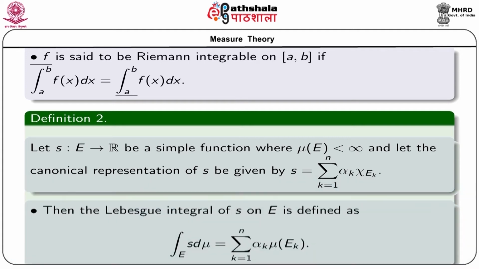Then we define the Lebesgue integral of S on E as the integral over E of S d mu, equal to the sum over k from 1 to n of alpha_k mu(E_k).